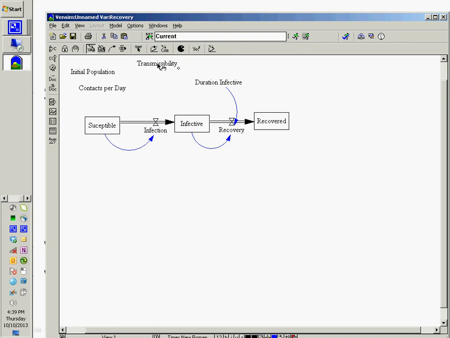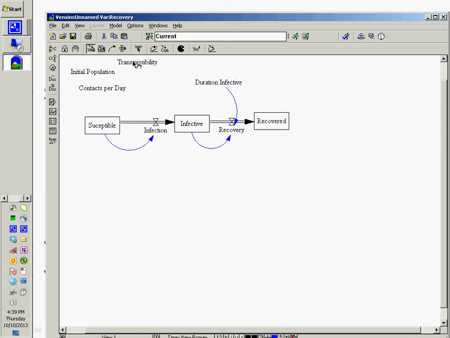So what else does it depend on? The force of infection. So remember, the number of people per unit time who are going to get infected is the force of infection times the number of susceptibles. Force of infection is given by contacts per day. If they ain't having contact with anyone, there's no infection transmission. There's transmissibility. If there's no chance of transmission from one person to another, it's not going to get transmitted either. What's another thing it depends on?